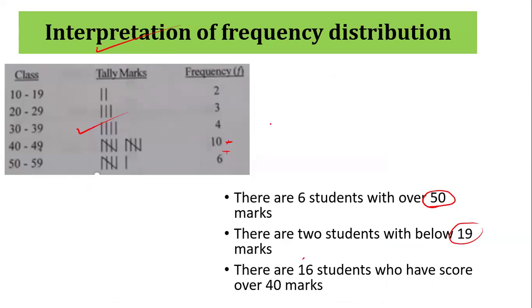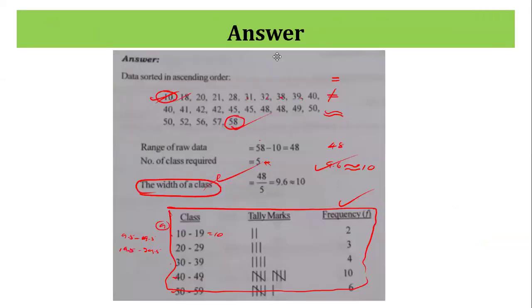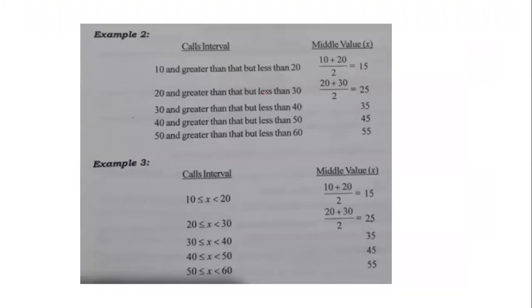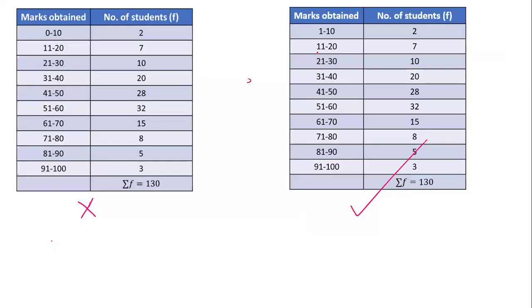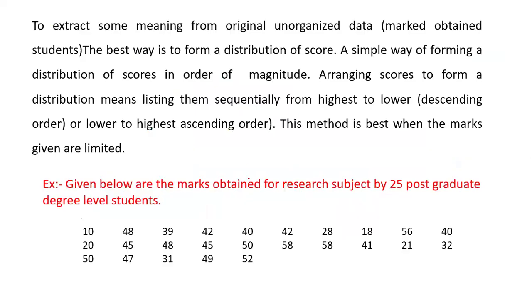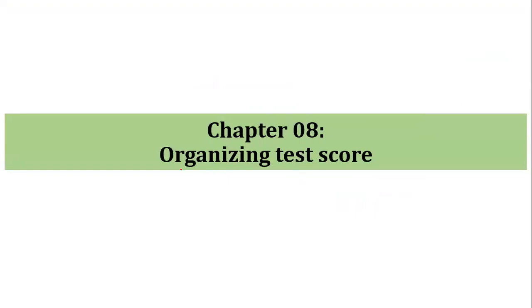This may be useful when you are working as a teacher also. We can collect marks or scores for your subject, then organize it, and finally interpret it. We discussed organizing test scores, which is the summary, the final example.